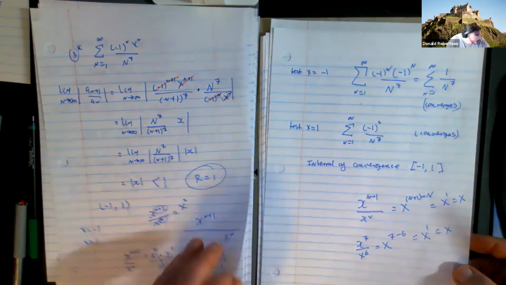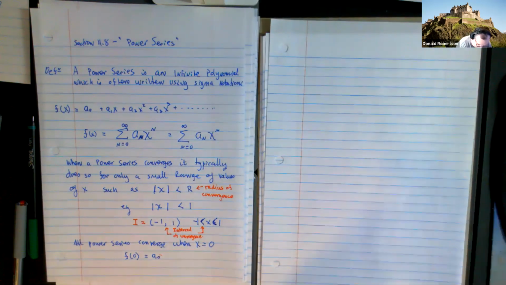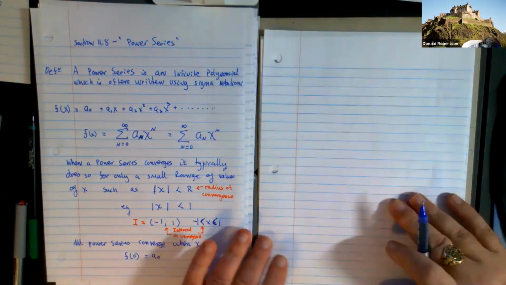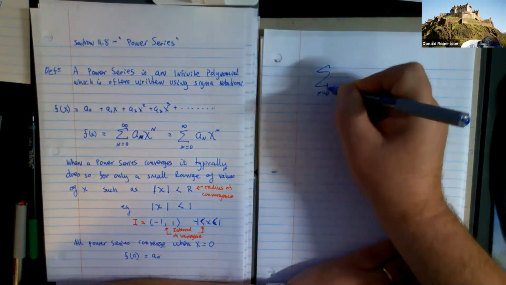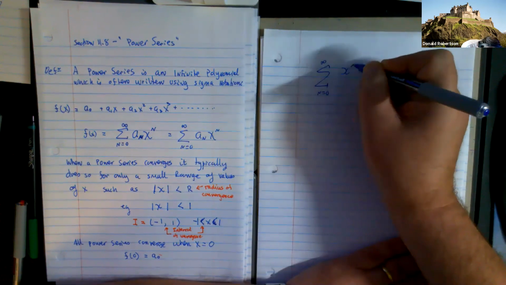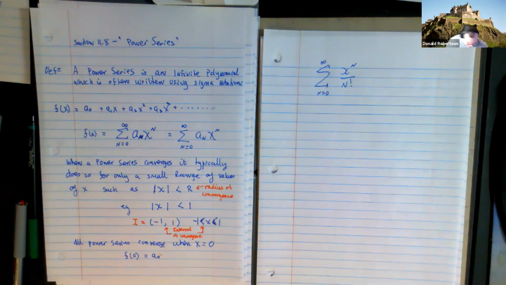Okay, one really quick one. Which one should I try? Oh, yes. This one is my favorite. x to the n over n factorial.